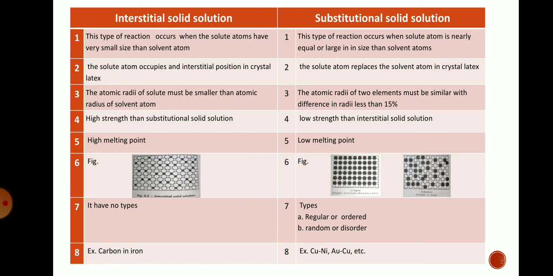Second example we have also seen in the last lecture, alpha brass. Alpha brass is an example of substitutional solid solution. Here copper and nickel, gold and copper will be examples of substitutional solid solutions. So these all are the difference points between the interstitial solid solution and substitutional solid solution.